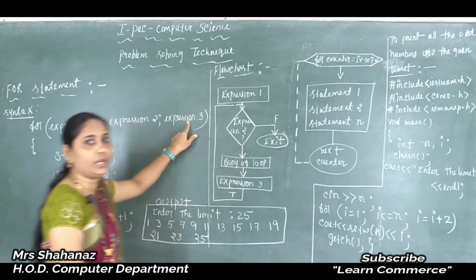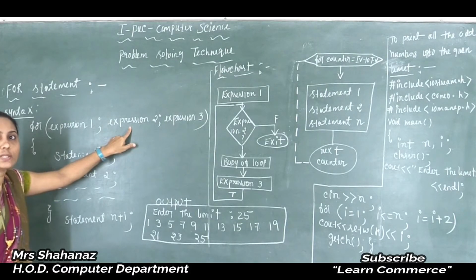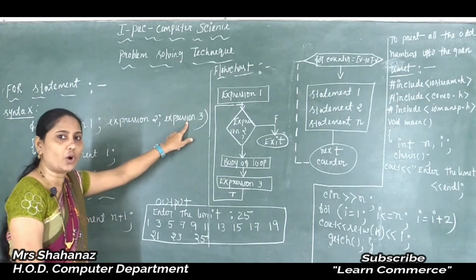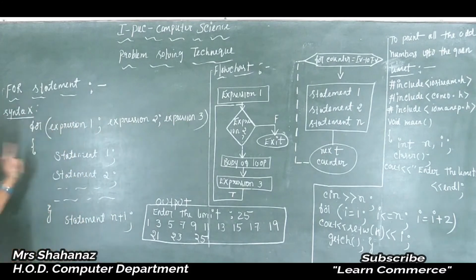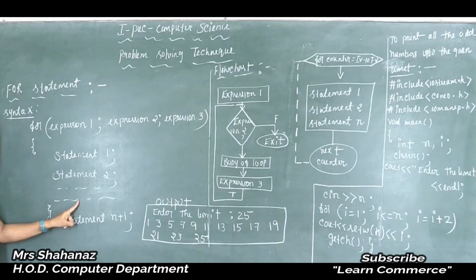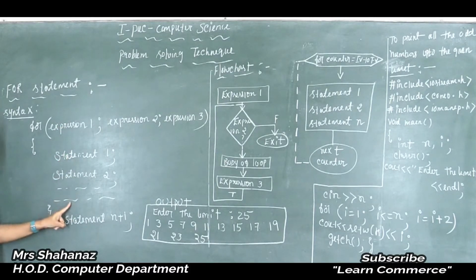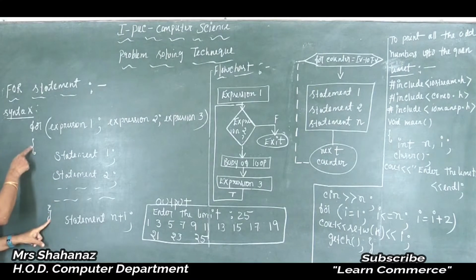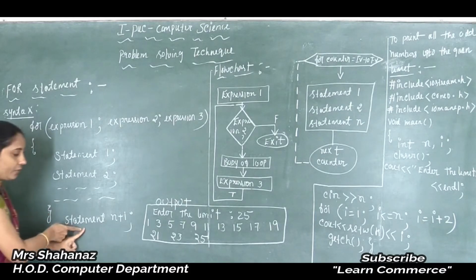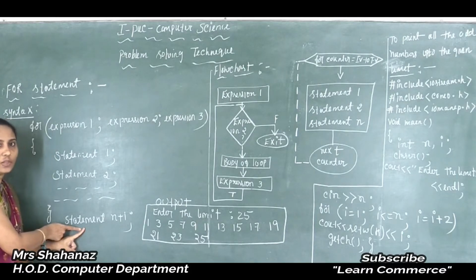Then opening the curly bracket, if the condition is true, execute this statement, and closing the curly bracket. If we open the curly bracket, we need to close it, and it will print this statement. So clear about the syntax of the for statement.